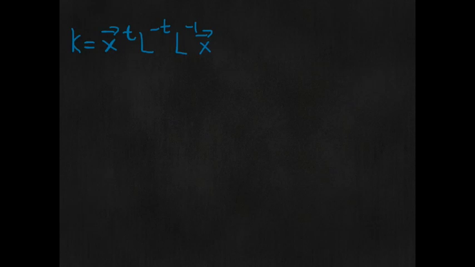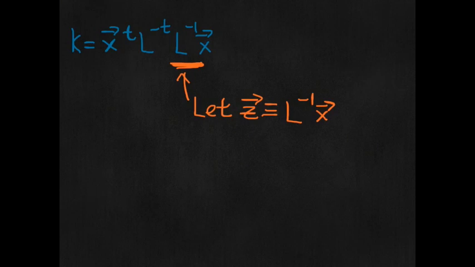So suppose I were at this point to just let this new variable z, which has two components z1 and z2, be defined as L inverse X, then you'll notice that this becomes Z transpose Z, writing it out in its components, Z1 squared plus Z2 squared.